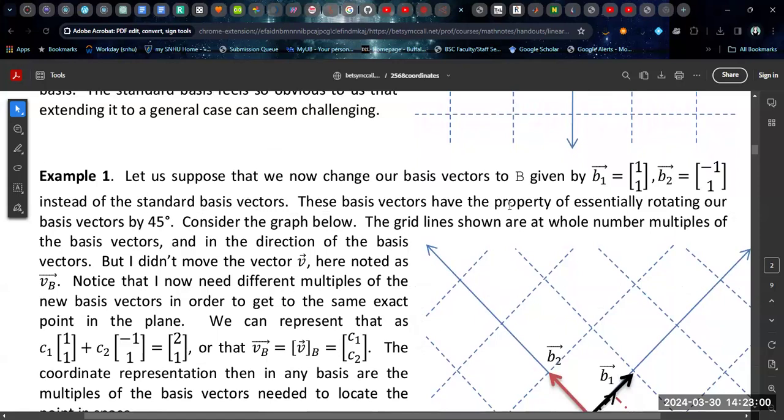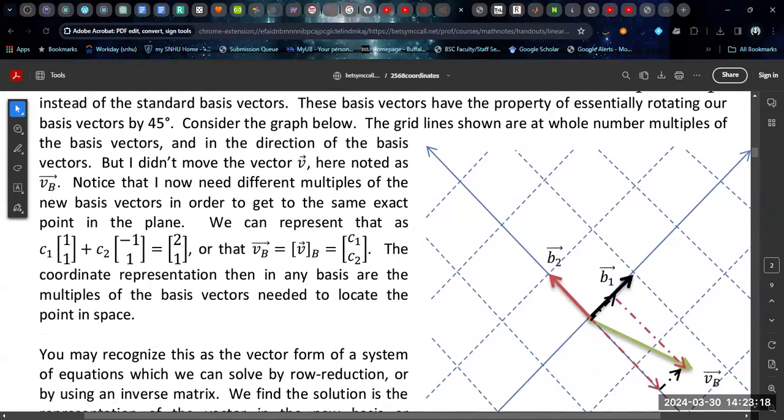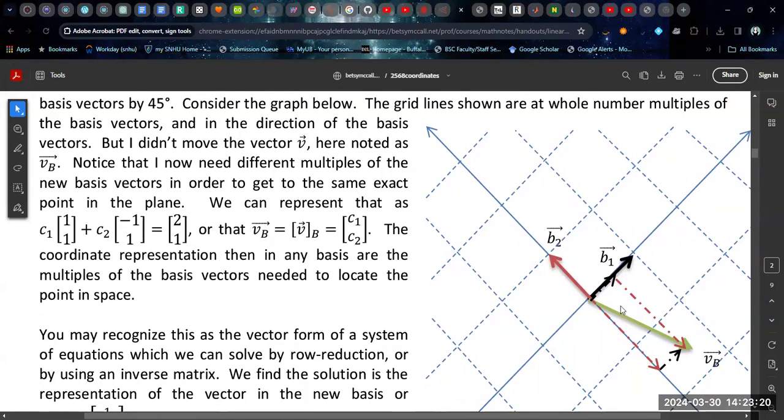Now, if we consider our basis vectors, again, in our basis typically expressed by capital B, often in script form, it's given by these two basis vectors, (1, 1) and (-1, 1). So basically, we're creating a grid on the graph.